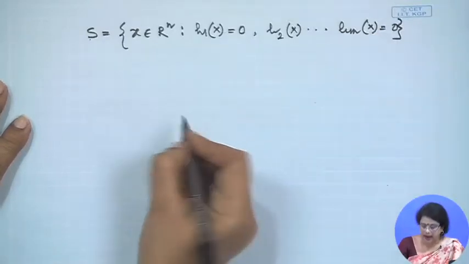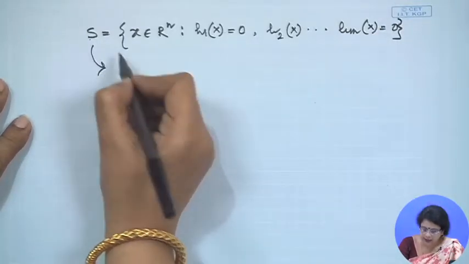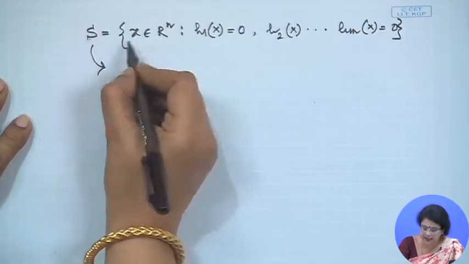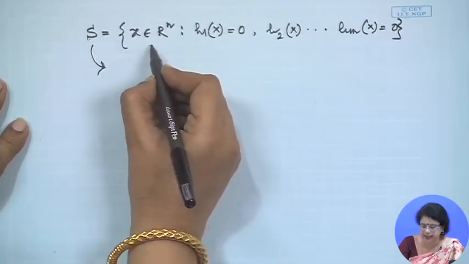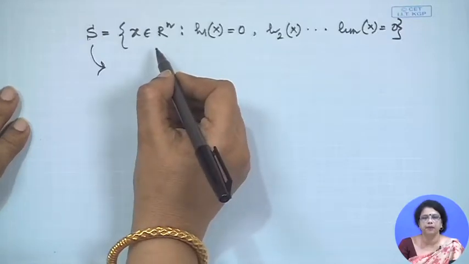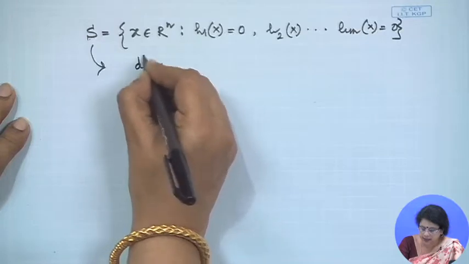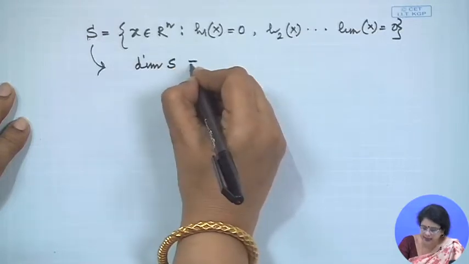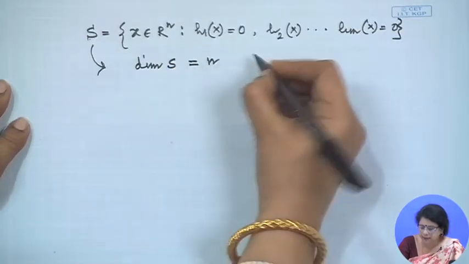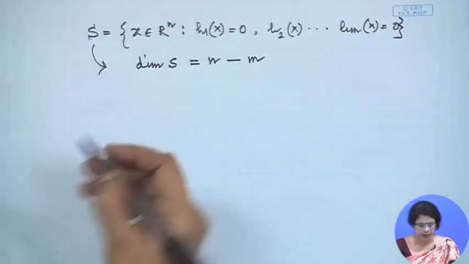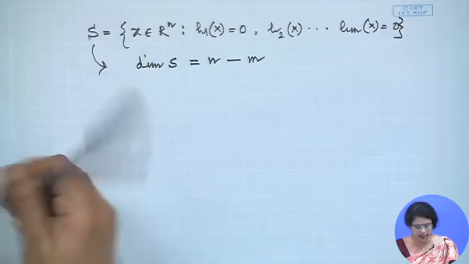And if this is a space S, because combinations of x will form a space, we need to find out that the dimension of S is equal to the number of variables minus the number of constraints. That is why we need to prove two things here.